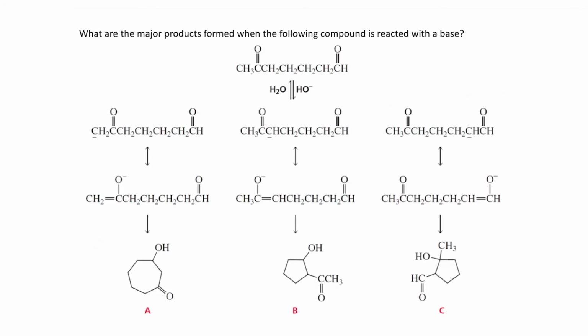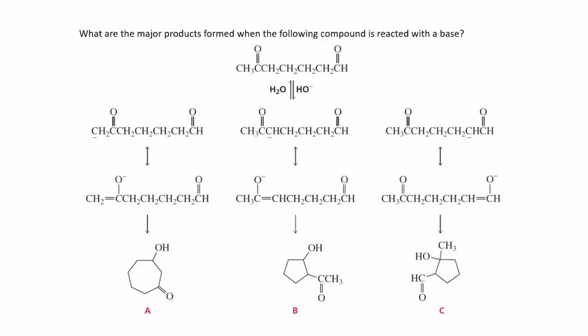What are the major products which are formed when the following compound is reacted with the base? If you recall, in the previous examples, we looked at intramolecular aldol reaction, and here we're looking at this in a little more detail. Let's look at this systematically. We go from left to right.